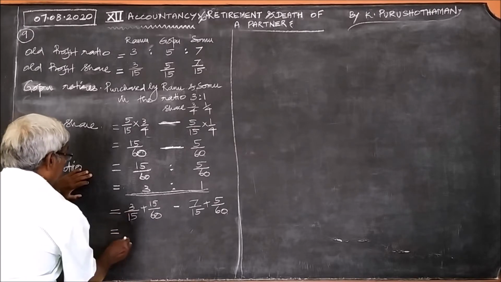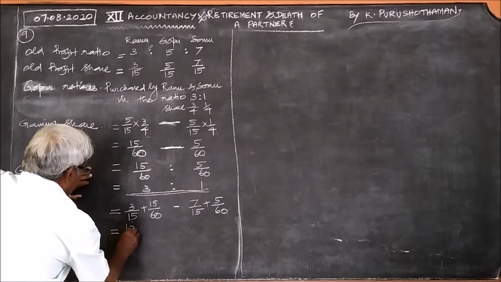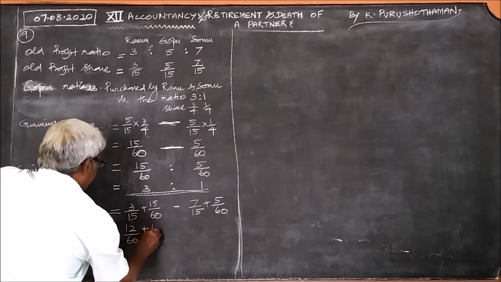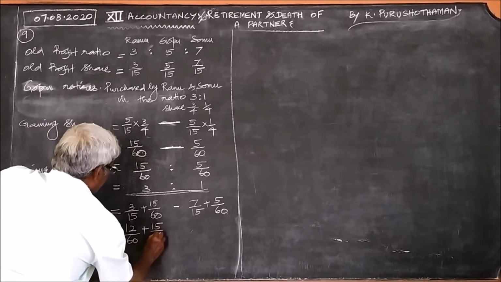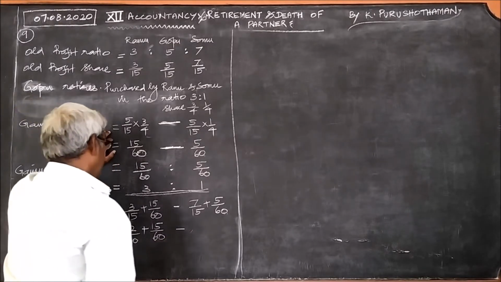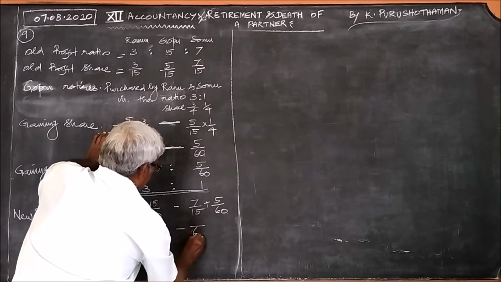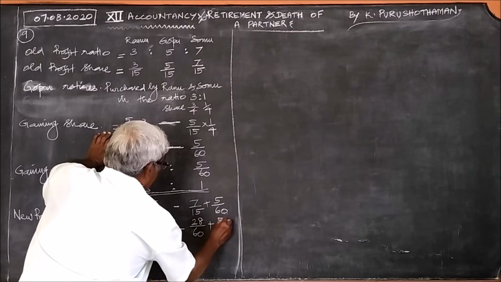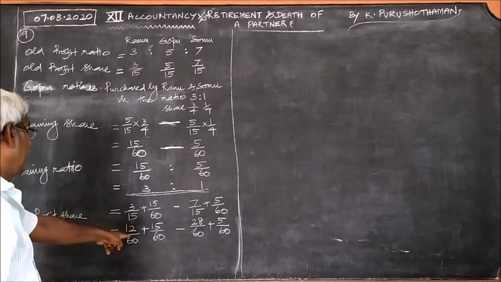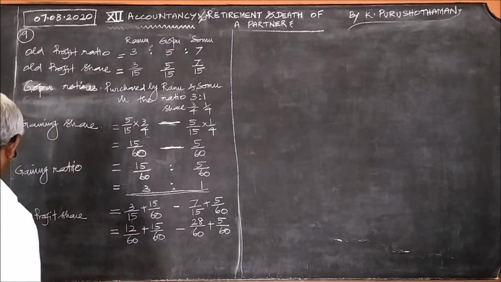4 15s are 60. 4 3s are 12, plus 15 by 60, right as it is. For Gobu nil. And here 4 15s are 60, 4 7s are 28, plus 5 by 60. Now if you add these two, 27 by 60.